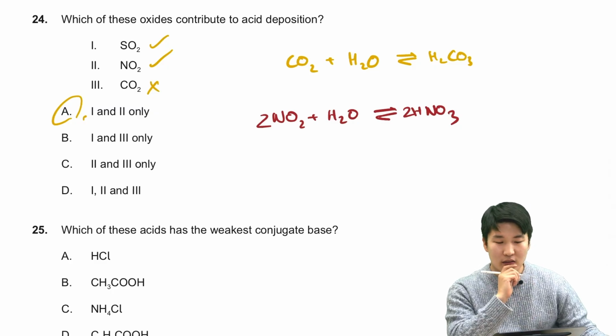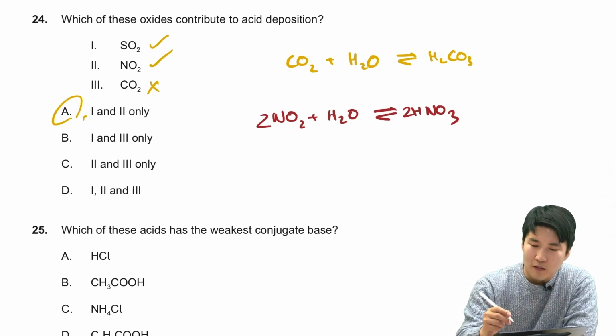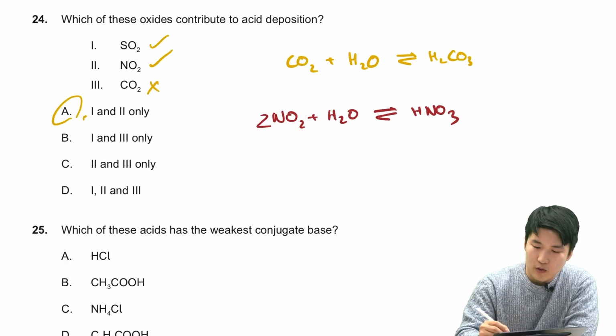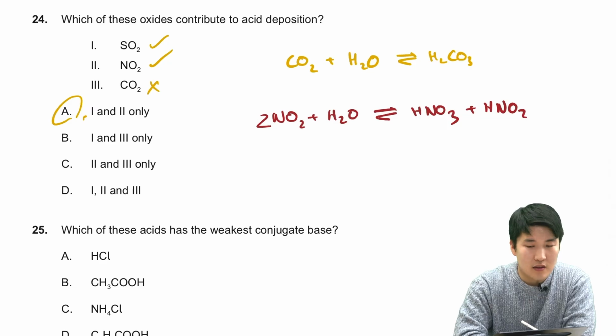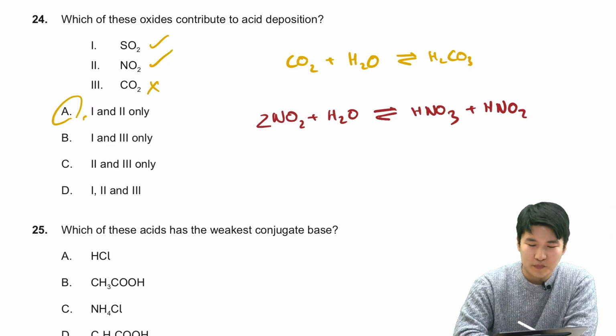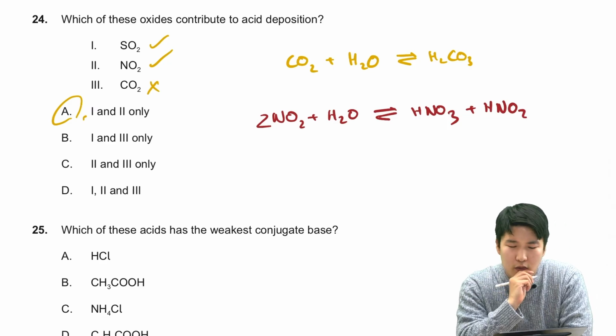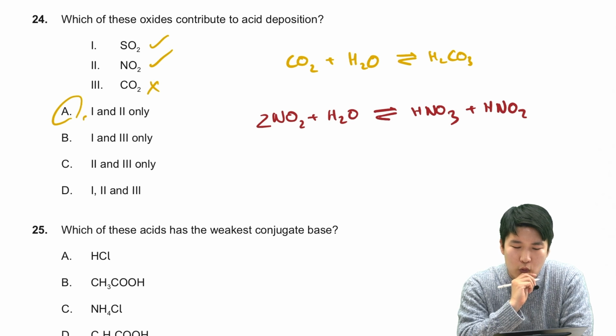Oh, this does not balance. So let's try and balance this. How about if we produce a nitric acid and a nitrous acid? That works out. 2 hydrogens, 5 oxygens, and 2 nitrogens.